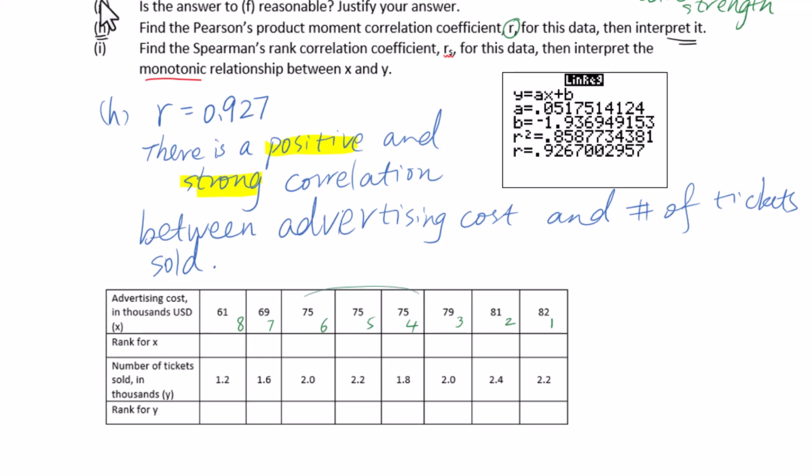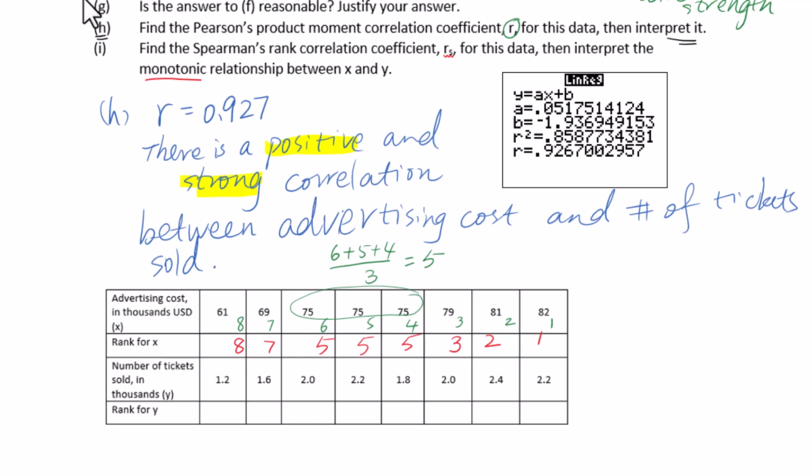You have a 75 repeated three times, so we will do 6 plus 5 plus 4, divide by 3 equals 5. Therefore, the final rank will be 1, 2, 3, 5, 5, 5, 7, 8.